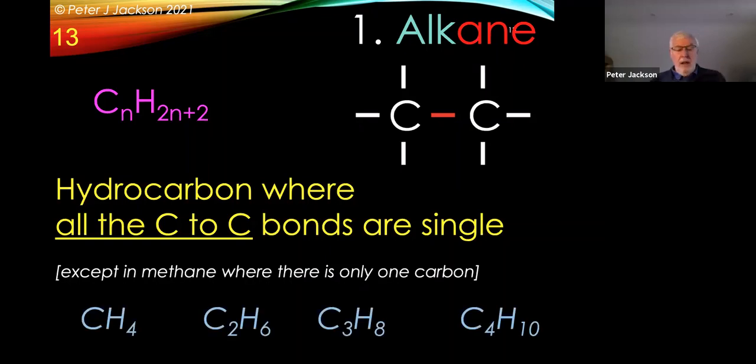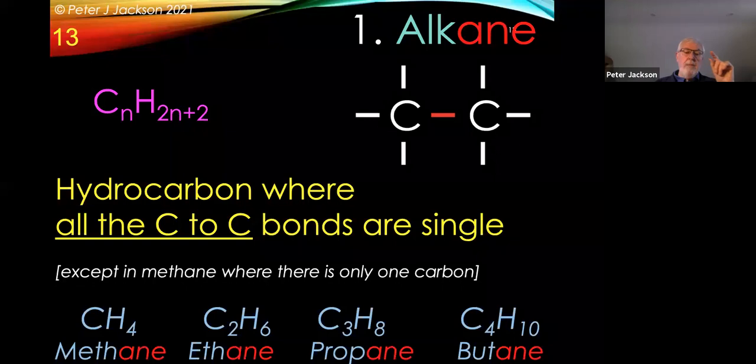So here we have the first 4 alkanes. CH4, add CH2, you get C2H6, add CH2, you get C3H8, add CH2, you get C4H10. The names are methane, ethane, propane, and butane.